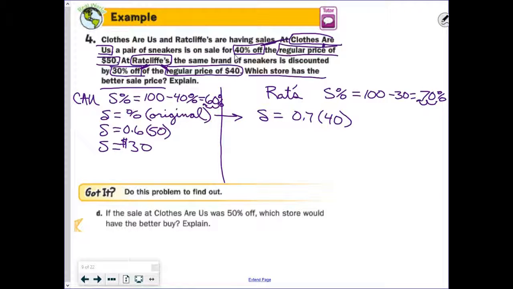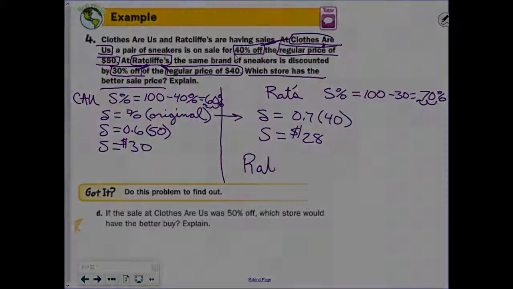So we would take 0.7 times 40, and that turns out to be 28. So then we compare the 2 prices. The sales price at Clothes R Us is $30. The sales price at Ratcliffe's is $28. So we would say Ratcliffe's has a better deal.